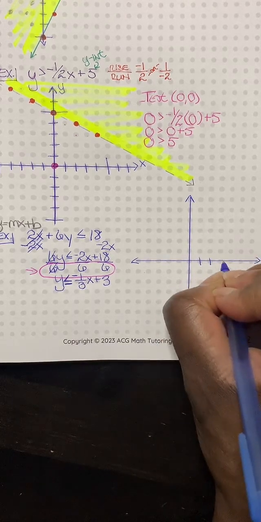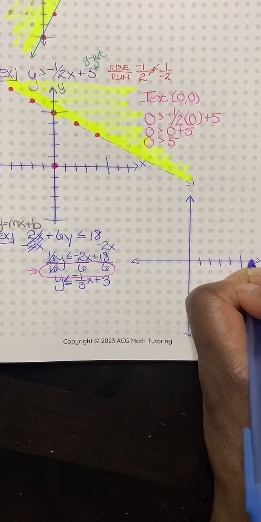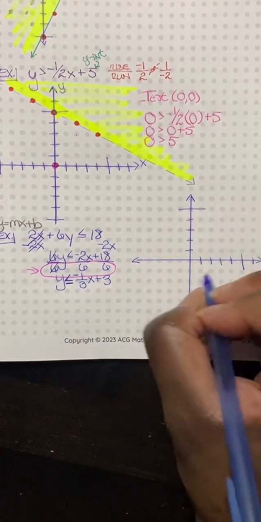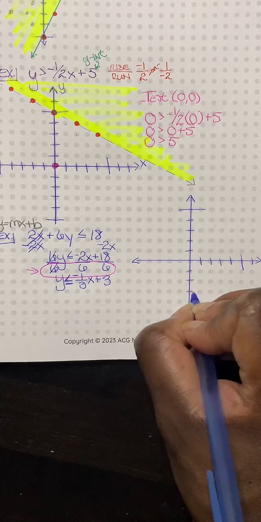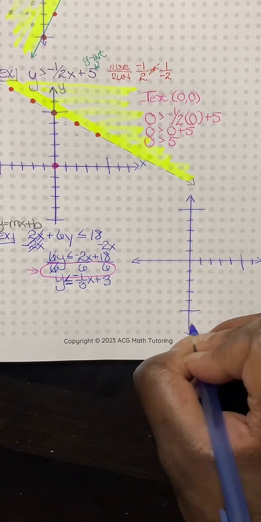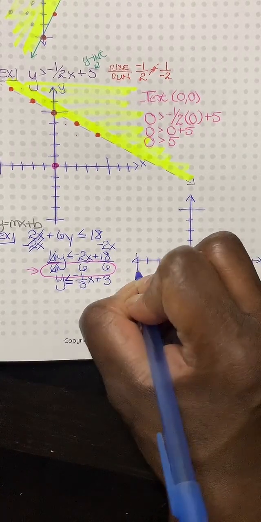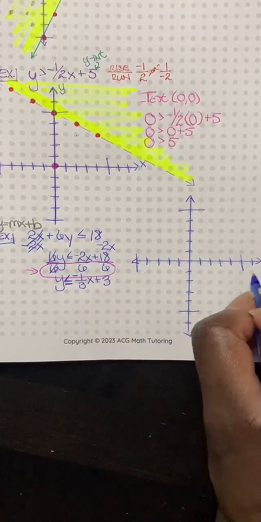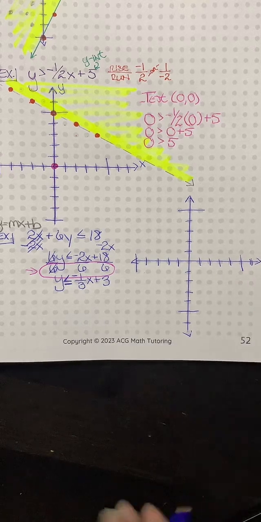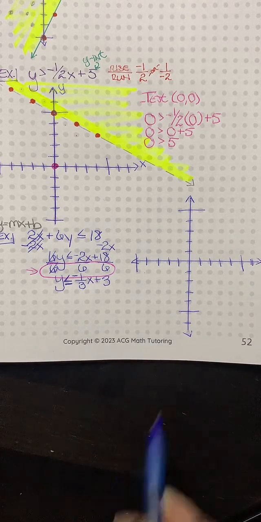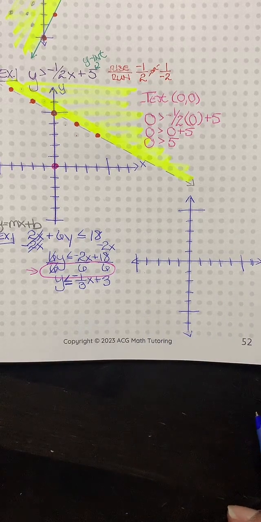Okay, 1, 2, 3, 4, 5. 1, 2, 3, 4, 5. Just want you to see how easy it is to make your own graphs. Now, if I had a regular notebook, this graph would be wonky. Now I can actually see the consistency.